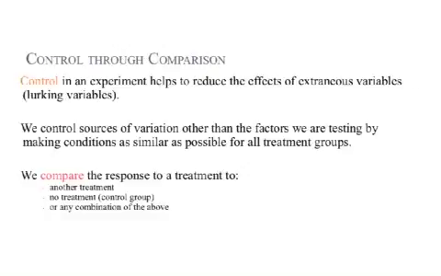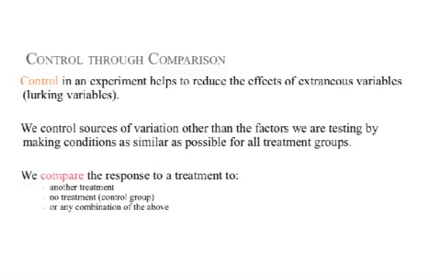What is control? Well, control in an experiment helps to reduce the effects of extraneous variables, or we call those lurking variables. We control sources of variation other than the factors we are testing by making conditions as similar as possible for all treatment groups.